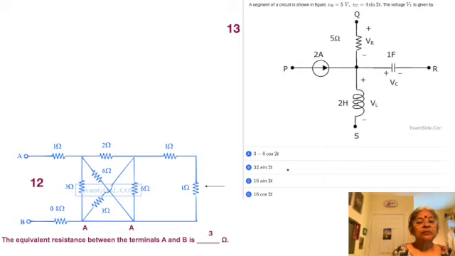Meanwhile, if there is any simplification, you have to go ahead with that as well. There is no Wheatstone bridge as such because of the differing values. But at the same time, the points marked A and A are connected through a short circuit, so it can be considered as a single stretched point.